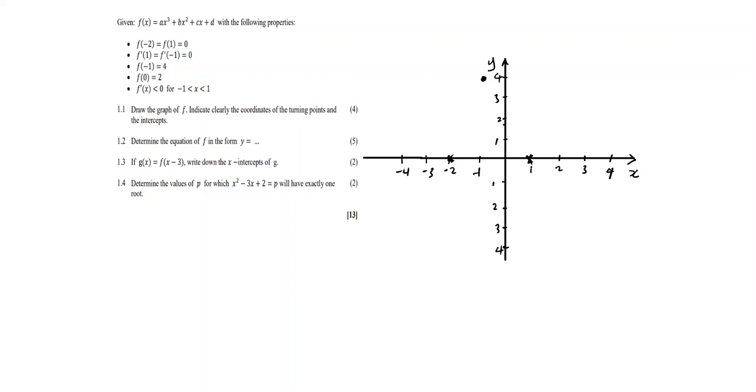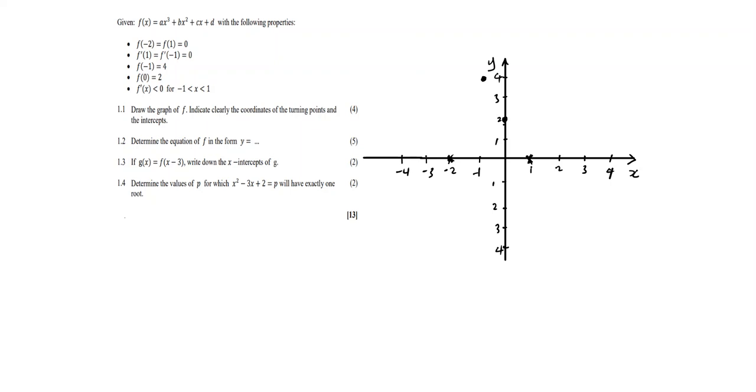We don't know what this point is called. F at -1, it's 4. So they go on further to say that f at 0, which is the y-intercept. This one is automatic, it's the y-intercept. They are saying it's 2.